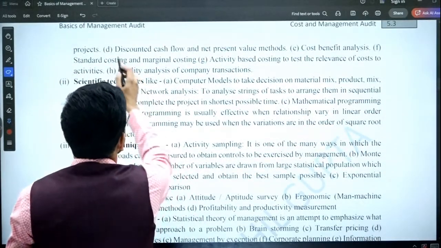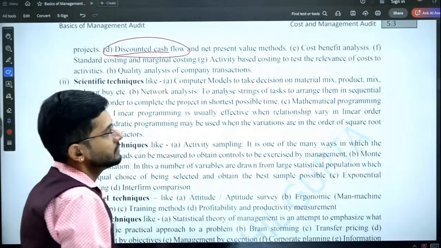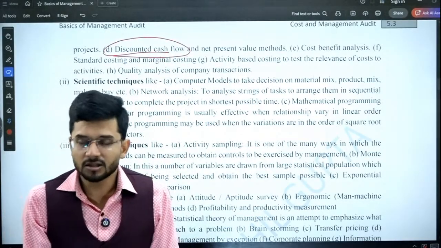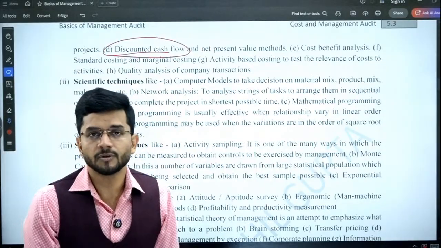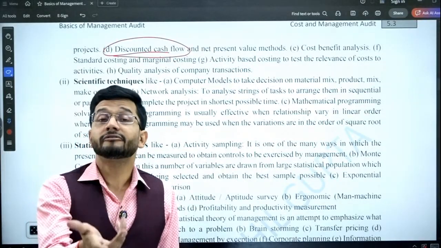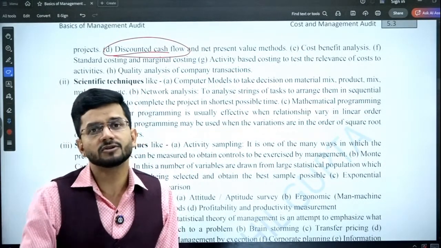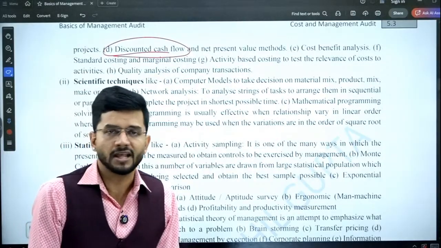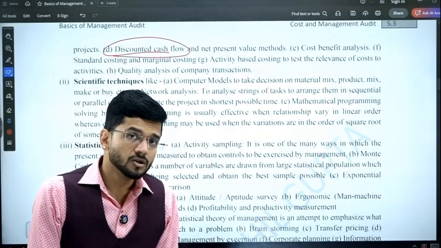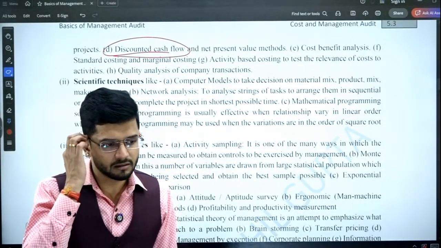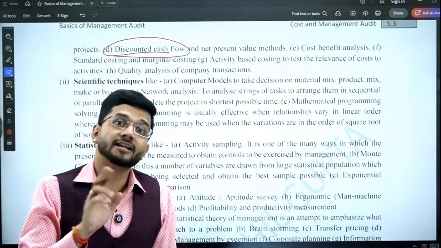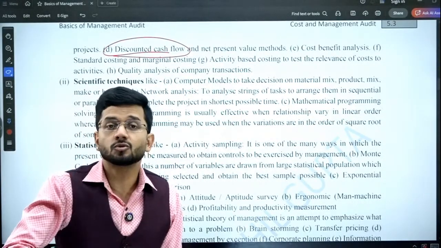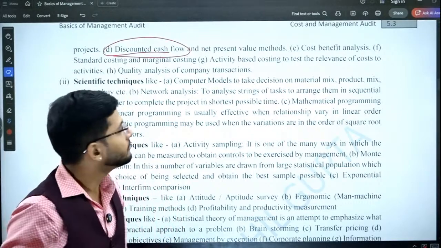Then discounted cash flow techniques, the present value methods, the methods that will tell you the NPV, net present value, of a particular project. IRR, internal rate of return, payback period, all these are techniques which can help management to take adequate decisions. So all these techniques may be used by the management auditor to ensure that management is taking the right decisions, and whether management has used these techniques to take the right decision or not.